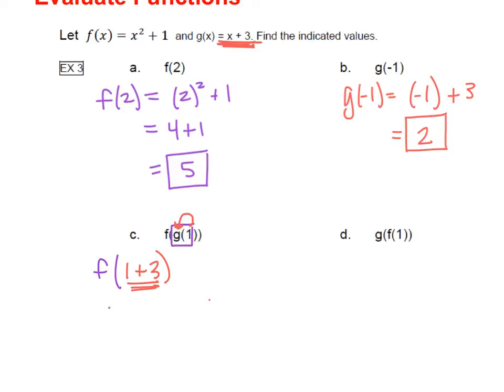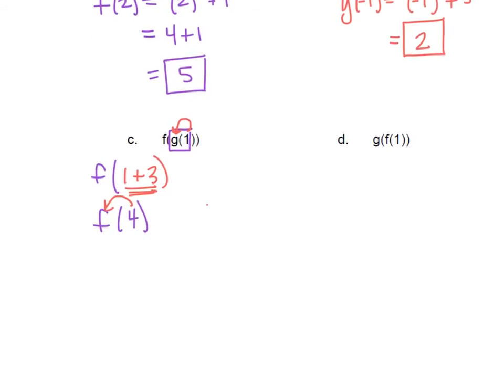So 1 plus 3 is 4, and now we have to figure out what f of 4 is. So you take the 4 and you plug it into the f function. And your f function is x squared plus 1. So we're going to do 4 squared plus 1. 4 squared is 16, plus 1 is 17.